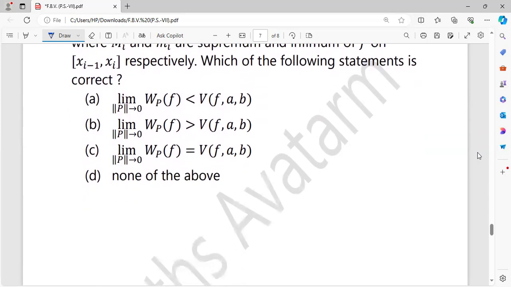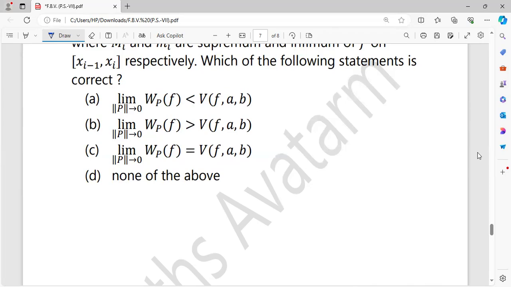Option A: limit norm of P tending to 0, W(P,F) is strictly less than V(F,A,B), variation of F on AB. Option B: limit norm tending to 0, W(P,F) is strictly greater than variation of F. Option C: limit of W(P,F) as norm of partition tends to 0 is equal to variation of F. Option D: none of the above.